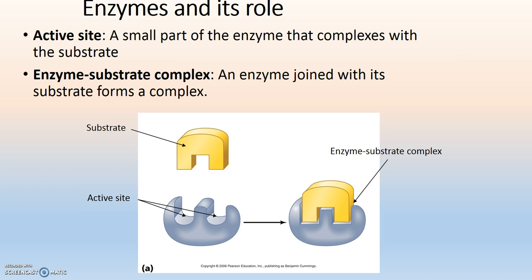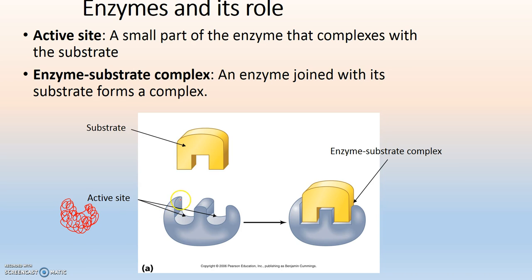So first, let's see how enzymes can do this. Well, first and foremost, enzymes are just proteins. And if you have read the previous chapters, these proteins are folded. All proteins are folded, if you remember what we talked about, right? And when they're folded, they have a certain shape.